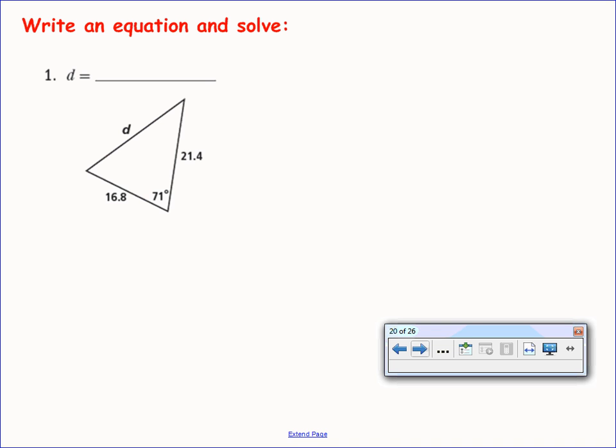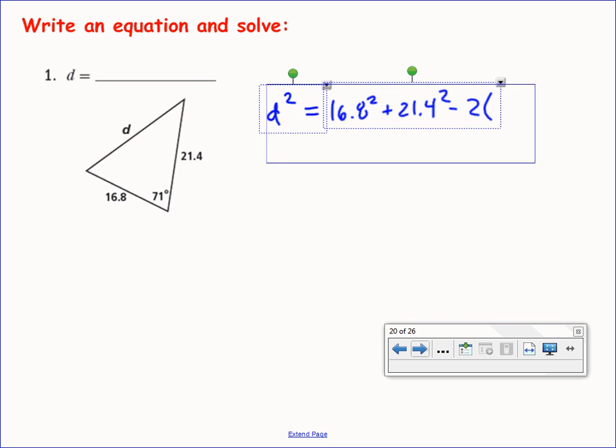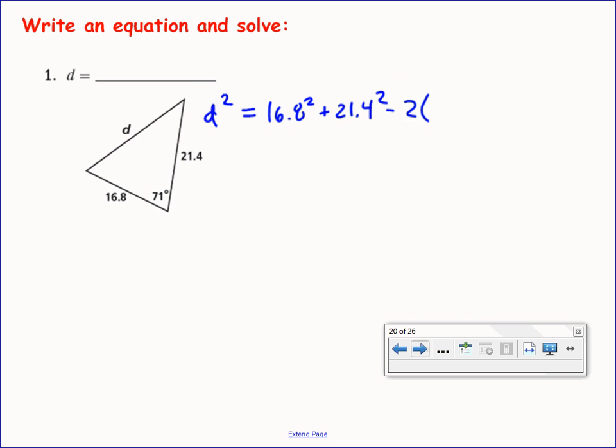In this case, D squared equals the other two side lengths squared. So that would be 16.8 squared plus 21.4 squared minus 2 times 16.8 times 21.4 times the cosine of 71 degrees.